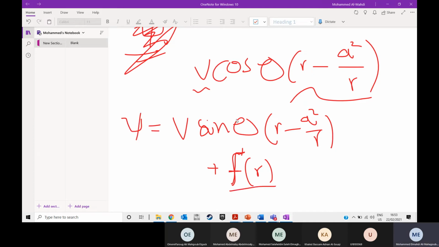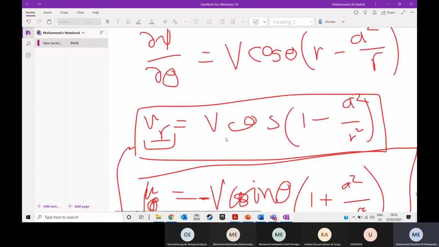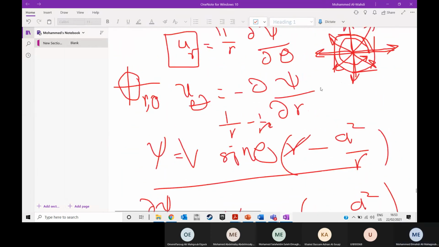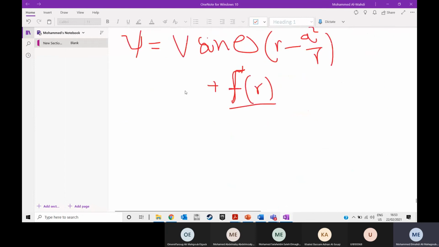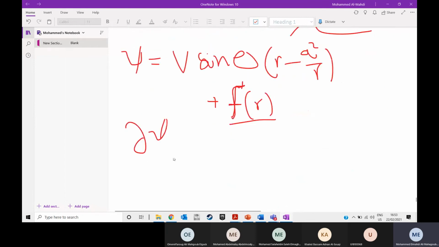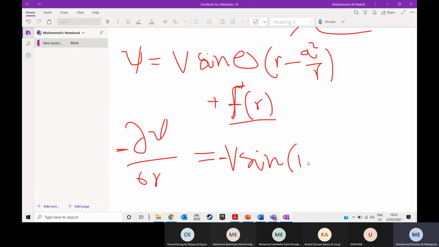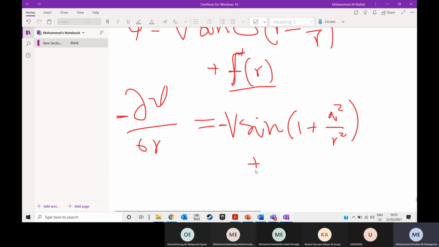How can we get this function of r? Now we have the second expression. Derive with respect to r and multiply by negative. If we derive psi with respect to r and multiply by negative, it is going to be equal to v sine theta. Multiplying by negative, r will be gone so it's 1, and minus with minus will be positive, a over r square, plus f prime of r.